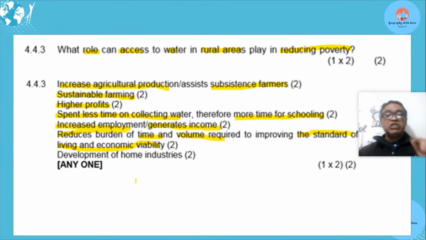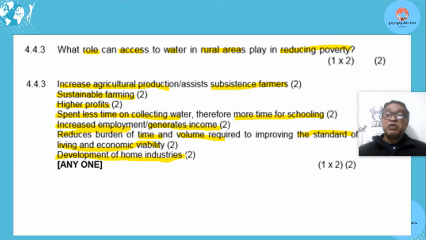So you have more time to work, to make more products, in fact, more money, which will improve your standard of living. All right, and your economic viability is meant that your production is greater, you will definitely make more money. All right, development of home industries because now they have water available for the production.